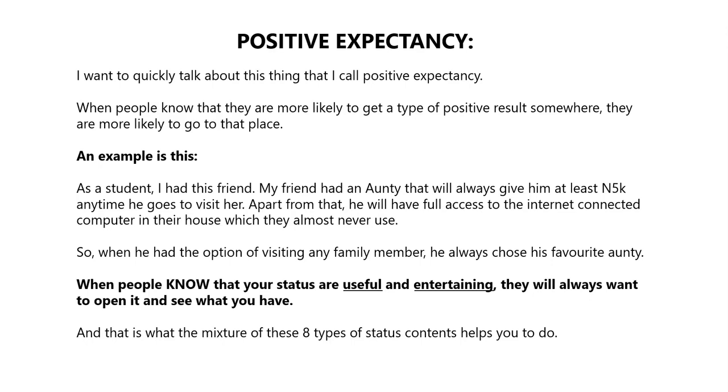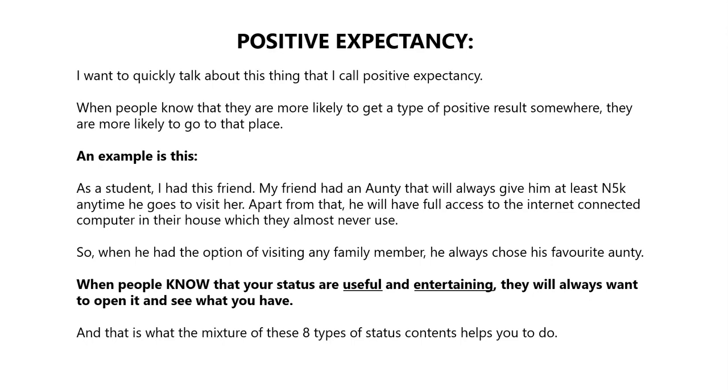So when he had the option of visiting any family member or even going to their own house, he always chose to visit his favorite auntie. Why? Because he has an idea of what is going to happen to him when he goes there. It's called positive expectancy.